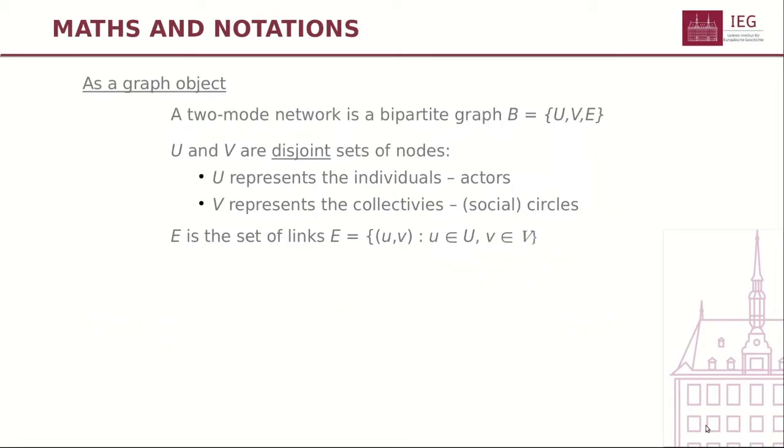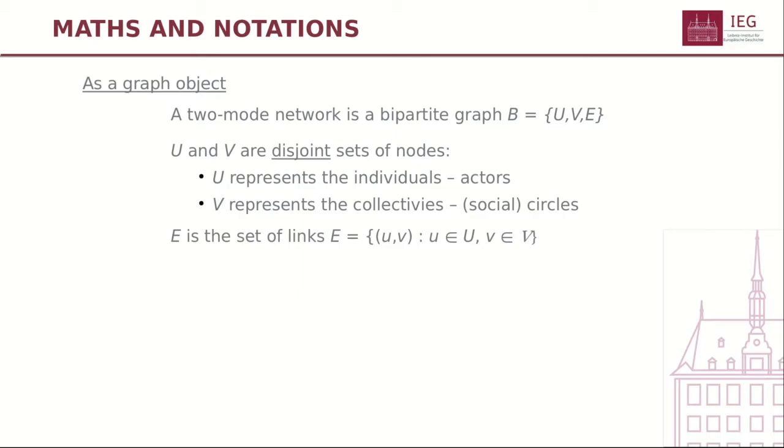Okay, so let's move on to some mathematics and notation. I don't want to go into details here, but I think we should cover at least something that will be helpful when we are talking about graph objects in Python and loading data using an adjacency matrix, for example. So a two-mode network is a bipartite graph B that consists of three sets of things: two sets of nodes and one set of links connecting those nodes.